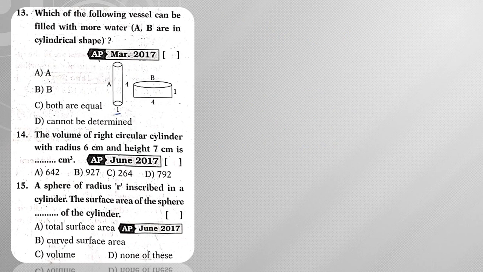Since base is 1 and height is 4, what is the radius of the first figure? The radius is half, and height is 4. This is figure A, right? Then what is the volume of this? Pi r square h.